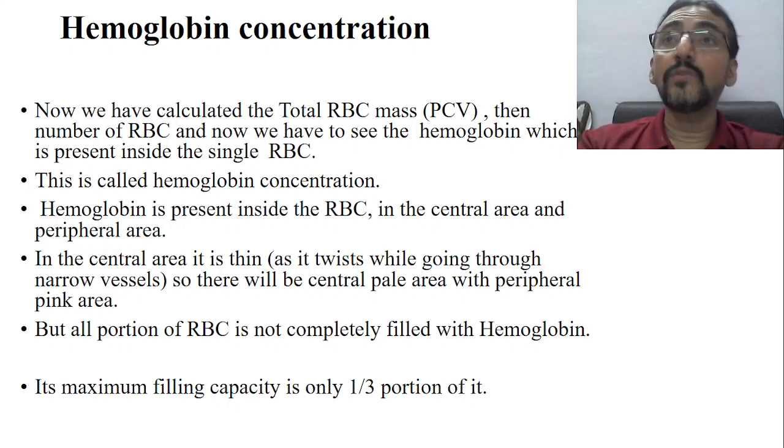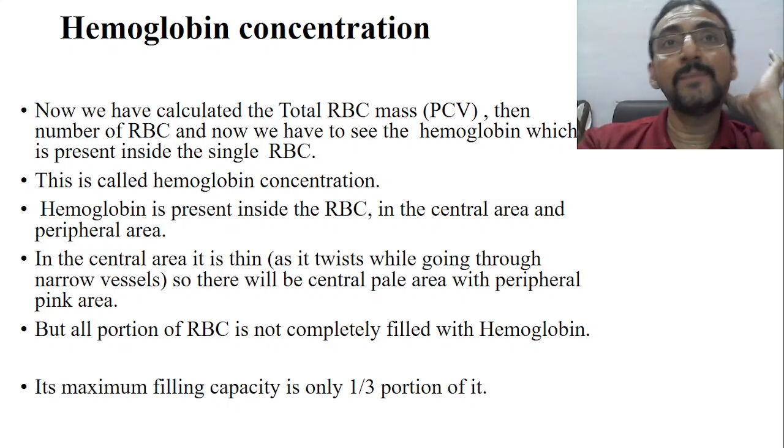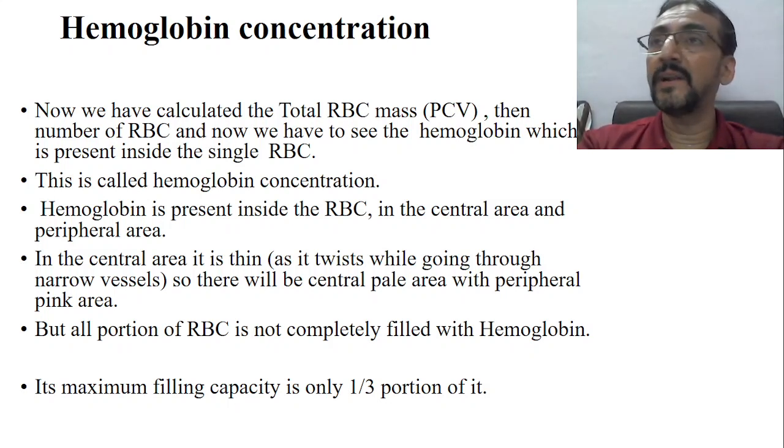And it is also wrong that the whole RBC is filled with hemoglobin. If the whole RBC is filled with hemoglobin, then the shape will be globular. But we know that the shape is biconcave because the central portion and peripheral portion contain the hemoglobin.